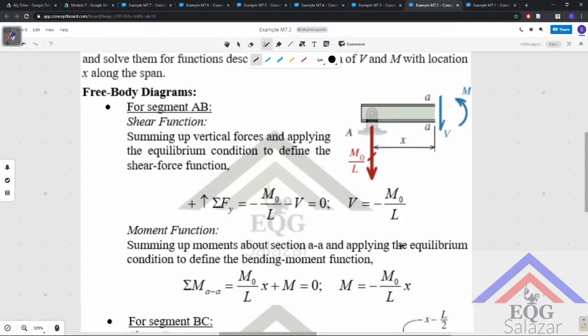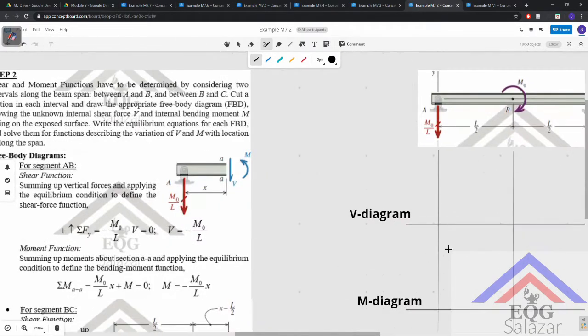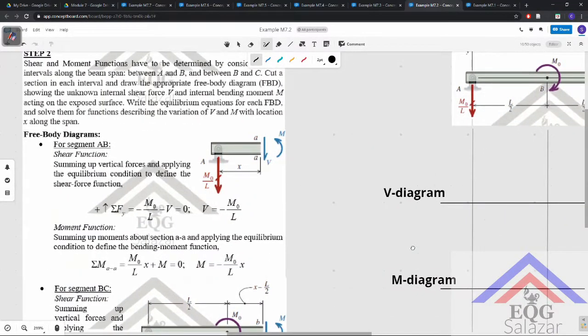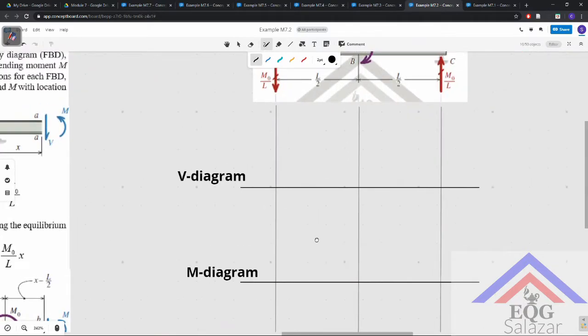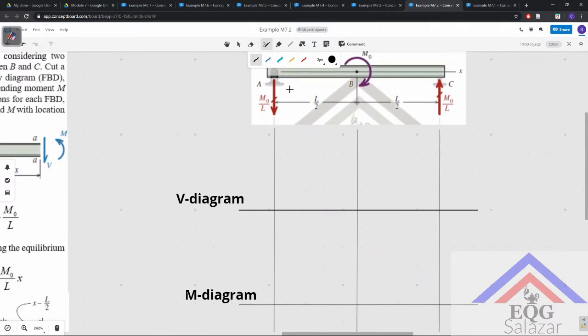So to draw out the shear and the moment diagram for segment AB, here the shear is negative, therefore for this segment it should be in this form. It goes down here, and let me use that line function again to make things easier.